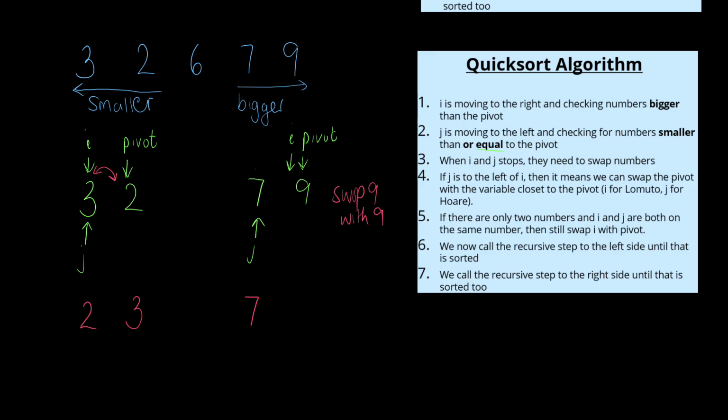Which gives us 9 here still, and 7. Now our 6 is still here, so we would have 6 in the center.